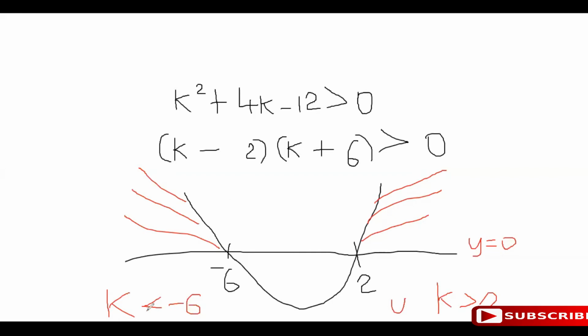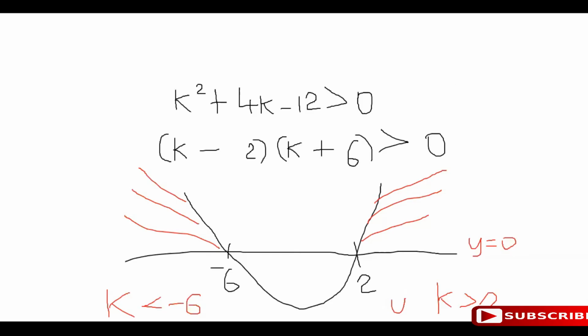Now try when k is something like -7. -7 squared is 49, minus 28, minus 12, and that's also going to be greater than 0. And so this is the solution when k is less than -6 and k is greater than 2.